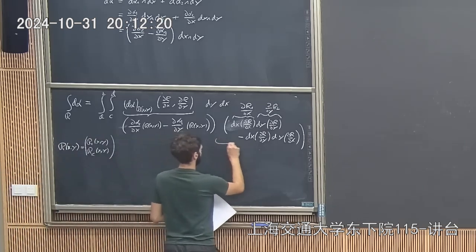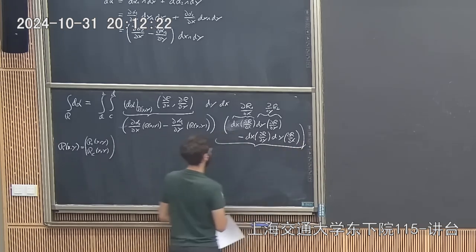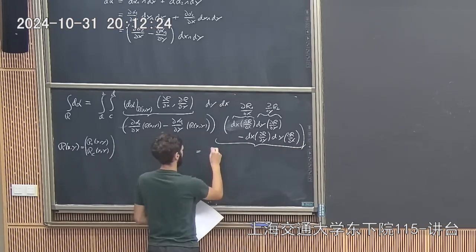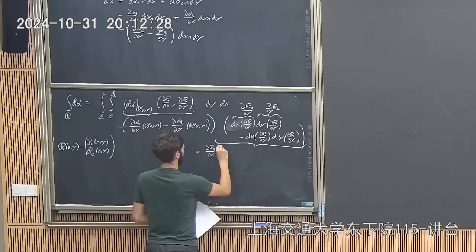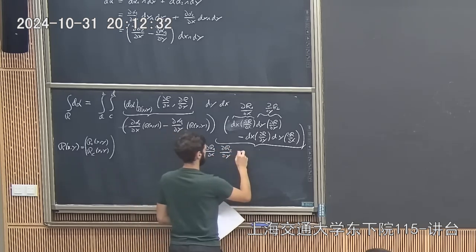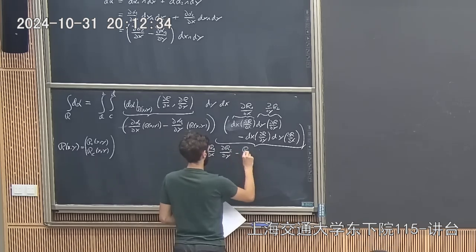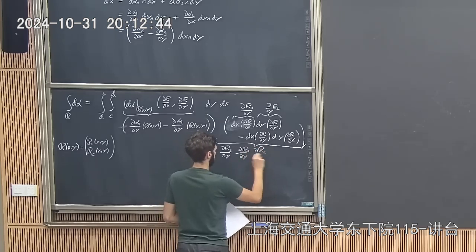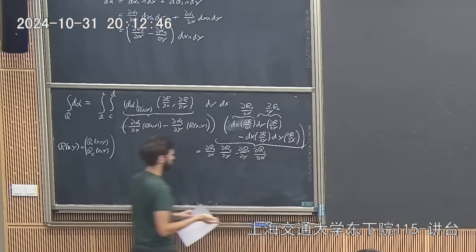So what this term here in total we've calculated is dr1 over dx, dr2 over dy, minus dy in the first element, and then dr2 over dx.